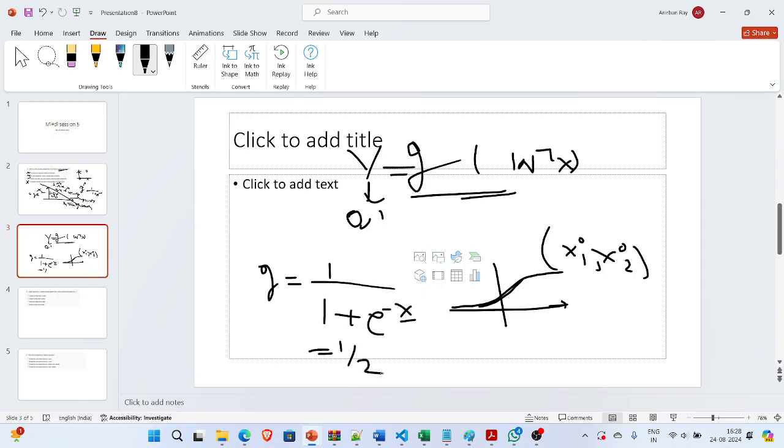But above that, it very quickly goes to 1, and below that, it very quickly goes to 0. We usually keep a boundary: if it is less than 0.5, we classify it as 0, and if it is more than 0.5, we classify it as 1.